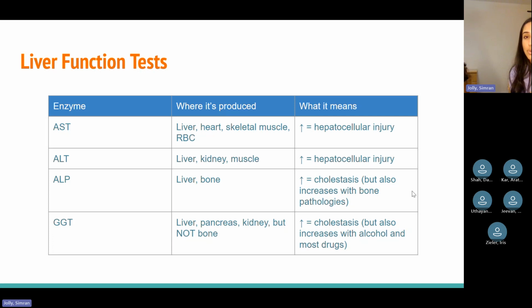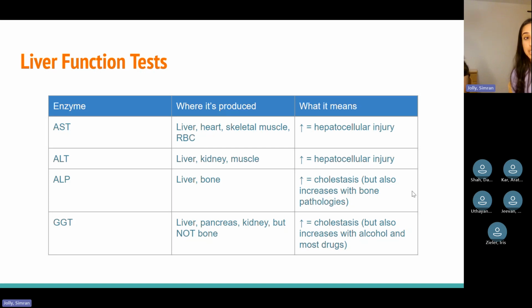But because it is also a marker of bone turnover, it's increased in adolescents and children. It's also increased in pregnancy. It's not so relevant for your year, but you have obstetric cholestasis, so cholestasis in a pregnant woman. Your ALP will be increased, but you have to look at other things in their entirety to make sure you've got the right diagnosis.